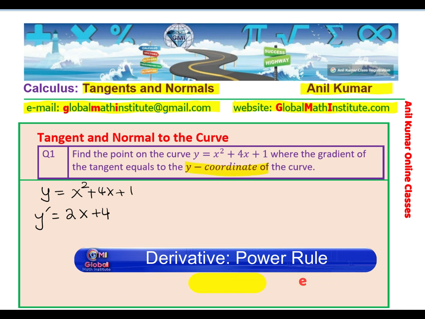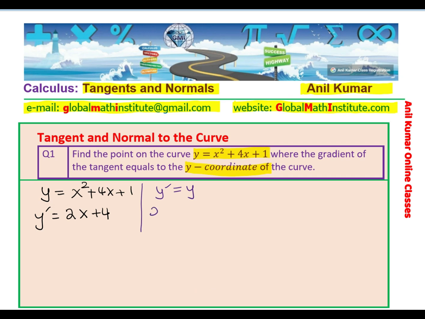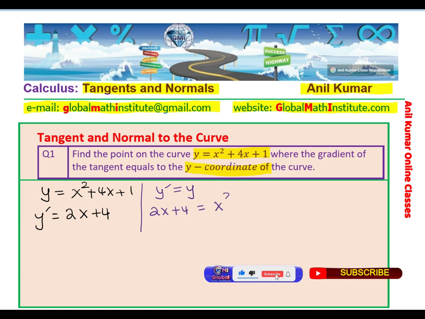So what is the y coordinate of the curve? That is the y coordinate of the curve. So basically we are saying that this gradient, which is y prime, should be equal to y, correct? So that gives you an equation that 2x plus 4 should be equal to x squared plus 4x plus 1.